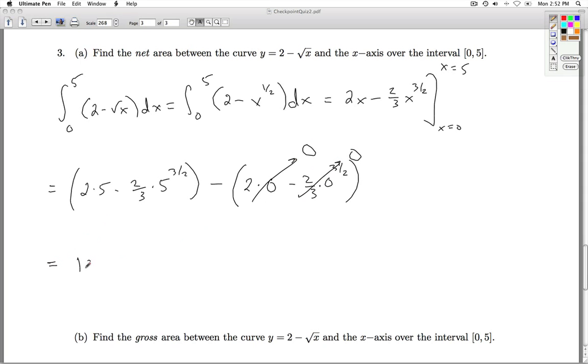Final answer, 10 minus 2/3 times 5 radical 5. So it's 10 minus 10 radical 5 over 3. This represents the net area.